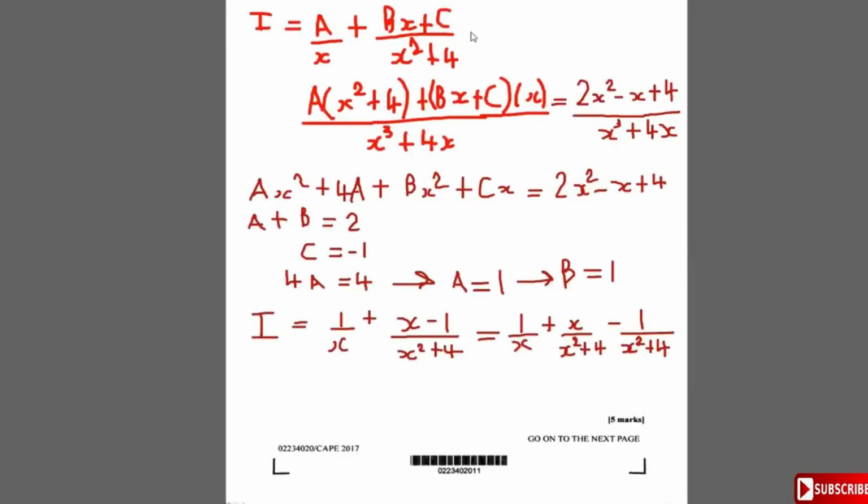Moving right along, it says, hence determine the integral of this. Hence means we're going to use the partial fractions that we have. So I'm going to call this integral I. My style, I just call all of this I. Can't bother to write out all of this.